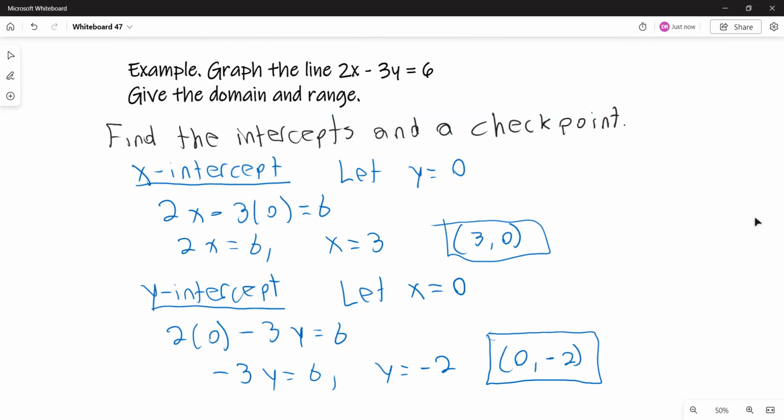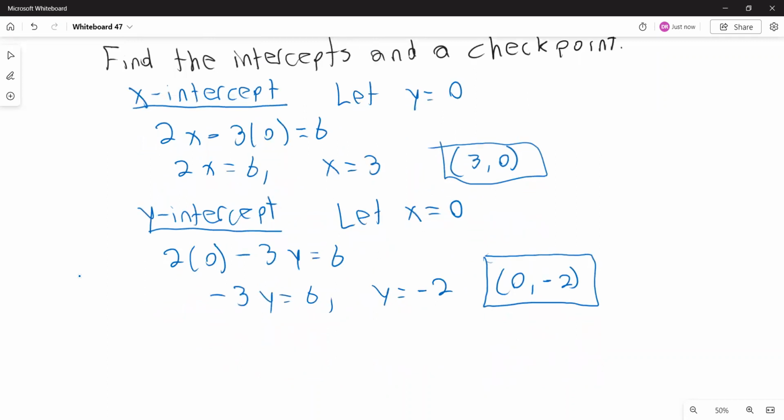If we let x be a multiple of 3, once we solve for y, the solution is going to be some integer. Or the other thing we can do, if we let y be a multiple of 2, once we solve for x, the value is going to be an integer. So we can let y be positive 2.